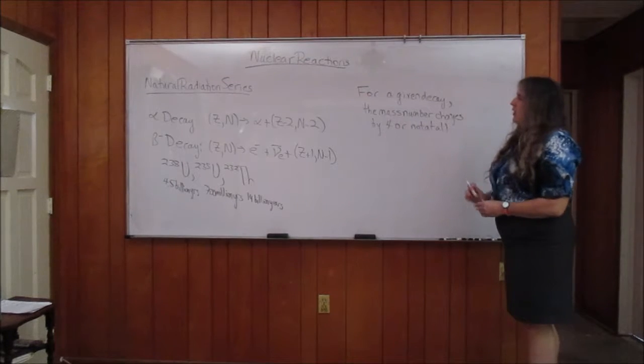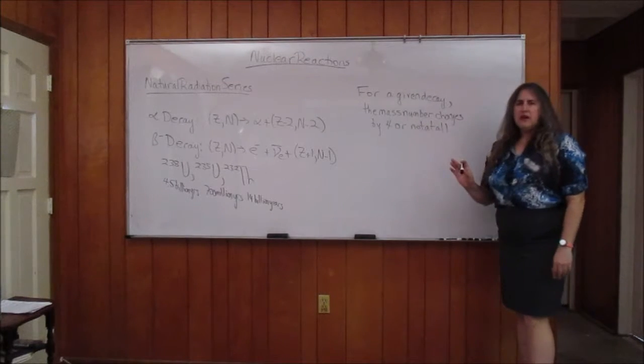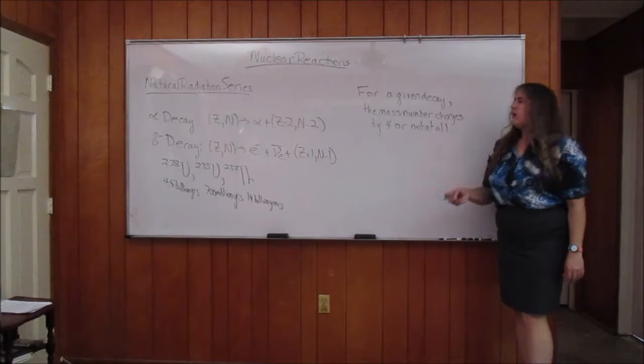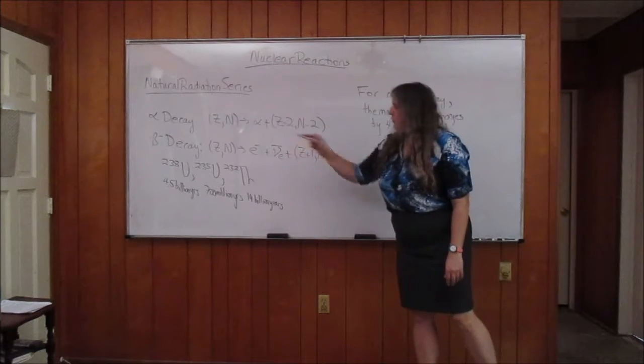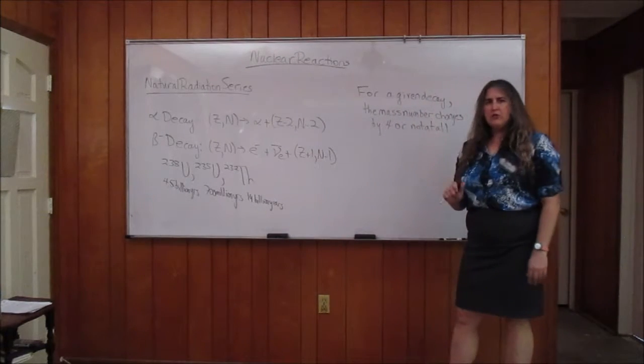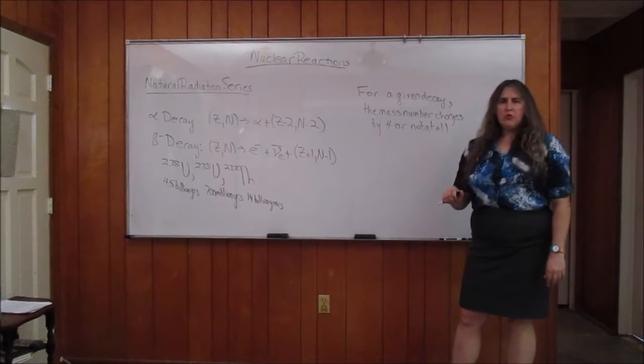So what I'm going to show you now is how these natural radiation series progress. We'll start out with uranium-238, in one case uranium-235, in the second case, and thorium-232.